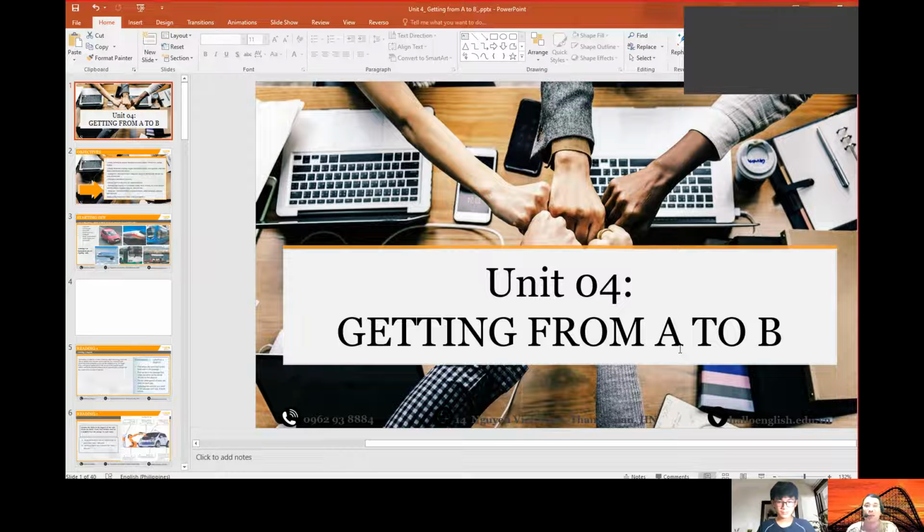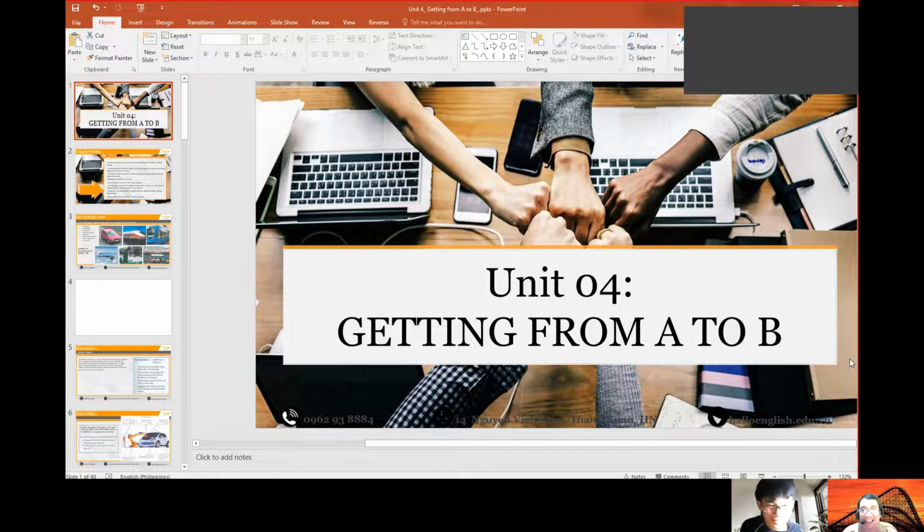Okay, so this time we're going to discuss Unit 4. And Unit 4 in here would be Getting from A to B. So what do you think this would be about? What comes up in your mind when you say getting from A to B? Is this the first time that you heard about getting from A to B? Maybe the transportation. Okay, so we're talking about transportation or maybe a place, right?